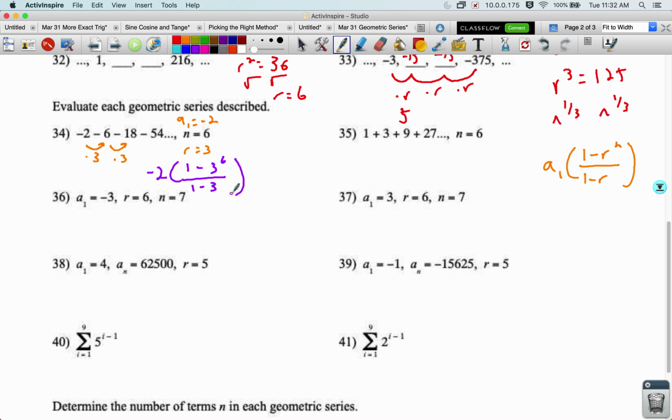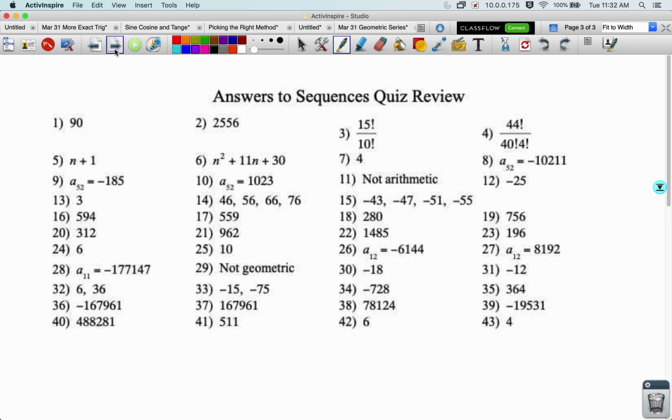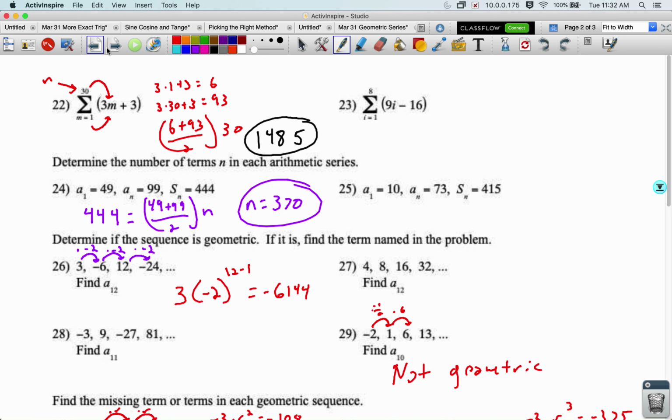And just be careful with how you plug this into your calculator. I like to do the 1 minus 3 to the 6th first, press enter, divide that by -2, do that step in my head, press enter, multiply by -2, and I get -728 for 34. Yep.